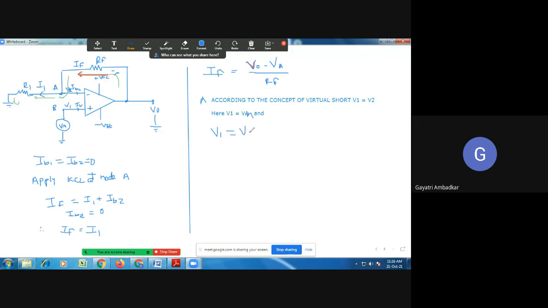V1 is equal to Vin. And what is V2? V2 is equal to VA. I can also say that VA is equal to VB, because I called this V1 and this is terminal B, so I can call this VB also. So V1 is nothing but VB, which is equal to Vin, because I have directly connected the input voltage there.